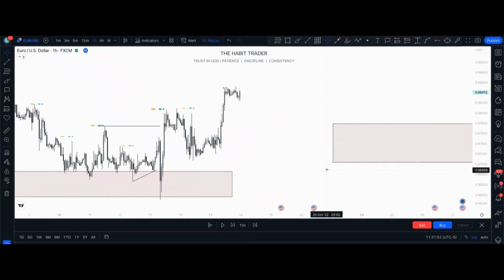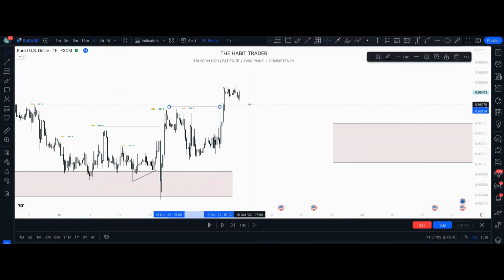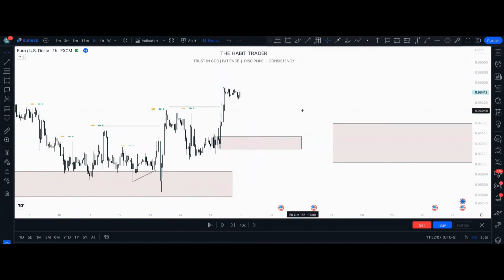So as you can see here, another break of structure here. So as I've said earlier, every time there's a break of structure to the upside, there's a demand that has created on that area.